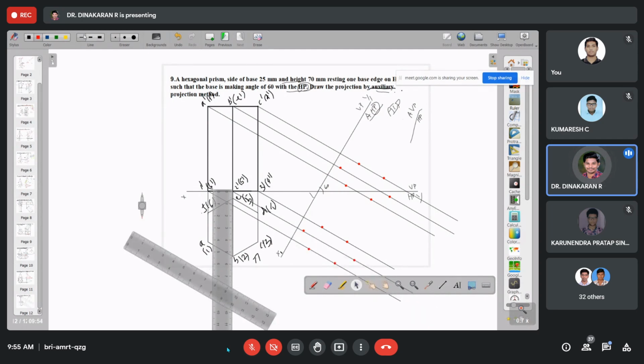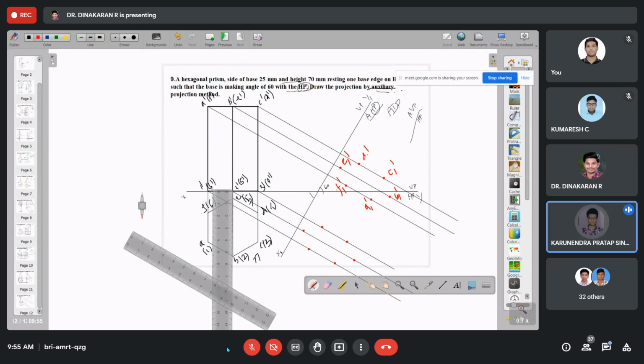After that, mark the points. The points here: A1 dash, B1 dash, C1 dash, D1 dash, E1 dash, F1 dash. I marked the points so only correctly.